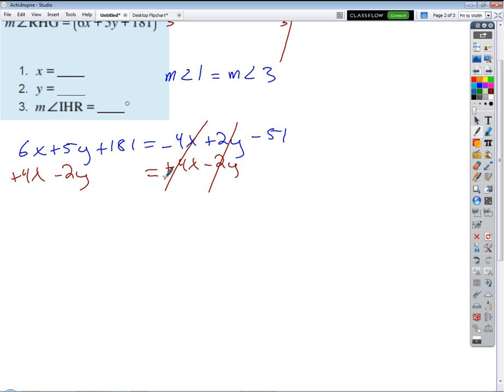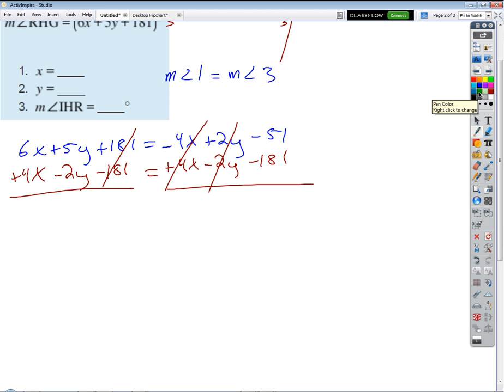And where do I want the numbers to go? I want the numbers to go to the right side. So I'm going to subtract 181 so I get rid of the numbers on the left. And then I just end up with what?